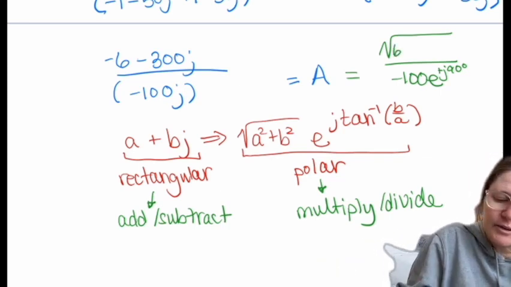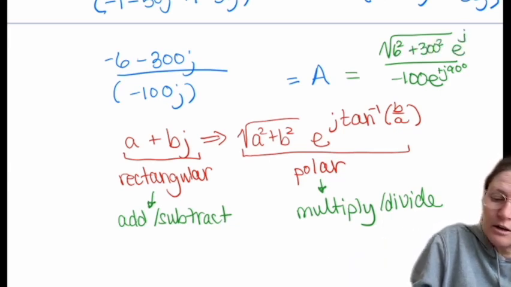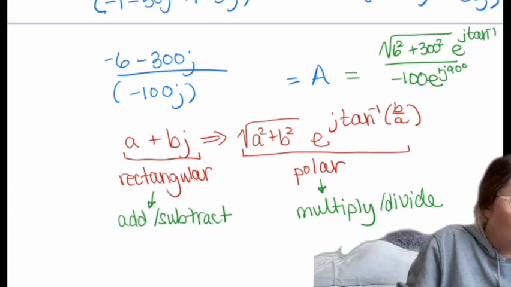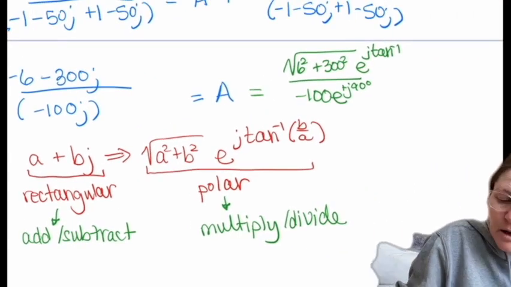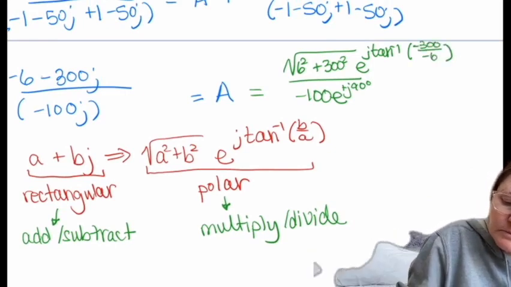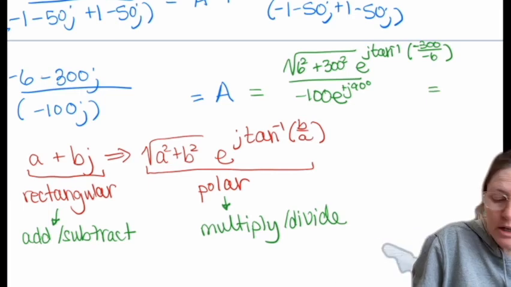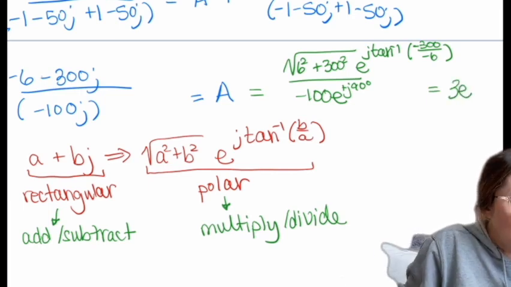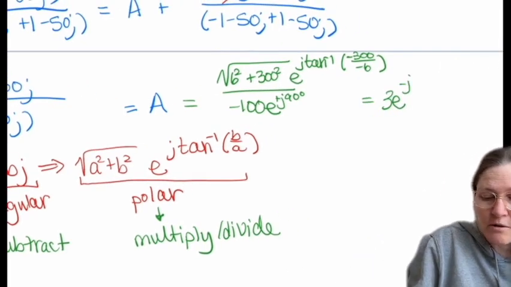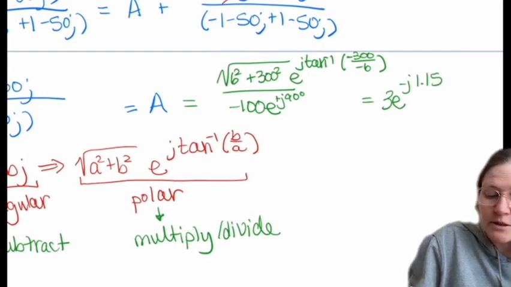And this is going to be 6 squared plus 300 squared, and then e^j inverse tangent of a negative 300 over negative 6. And this ends up being 3e to the minus j 1.15 degrees.